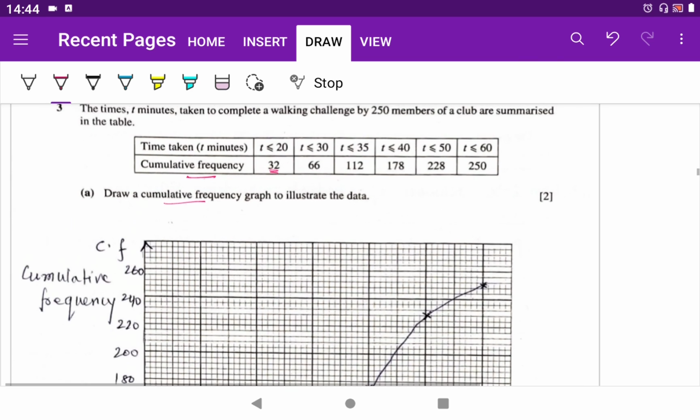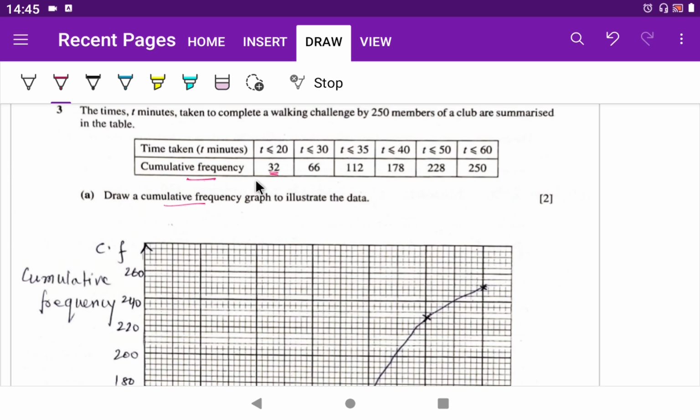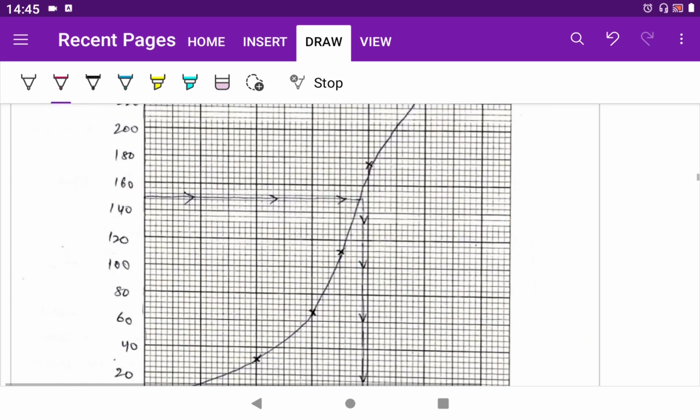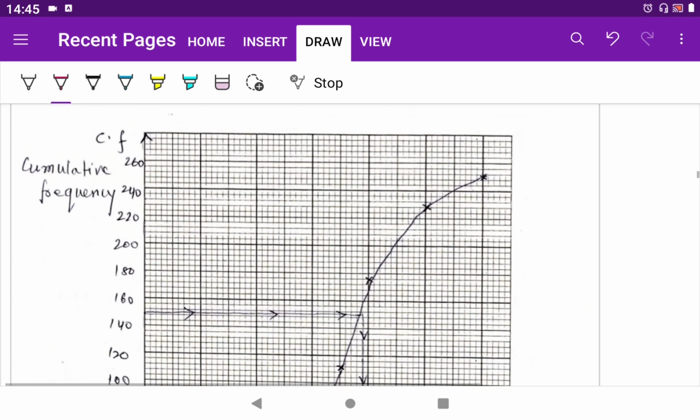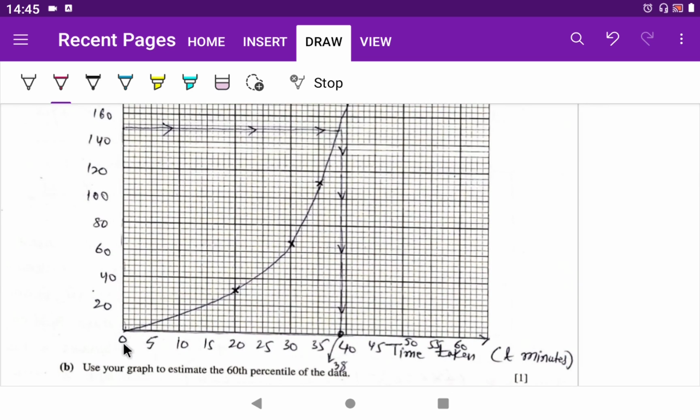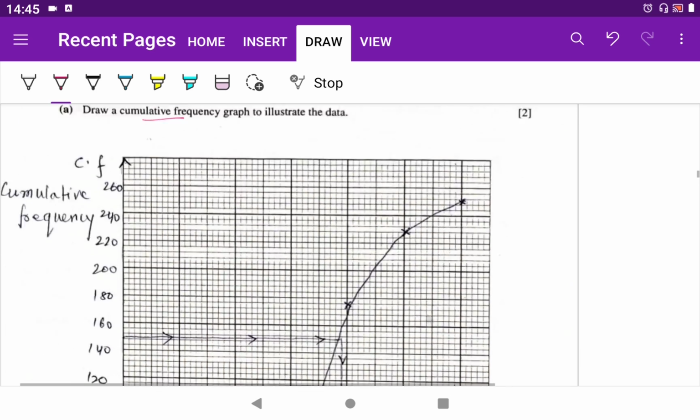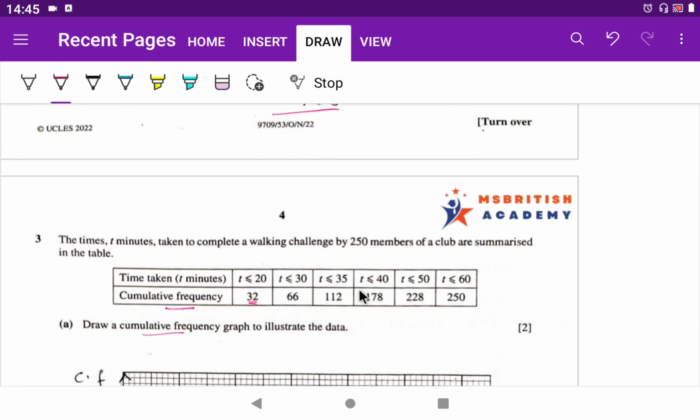Okay, so in the x-axis I have taken time, and in the y-axis the cumulative frequency. I have started the time from 0, 5, 10, 15, 20, 25, 30, 35 and till 60, because we have to go till 60 minutes, which means 1 hour.